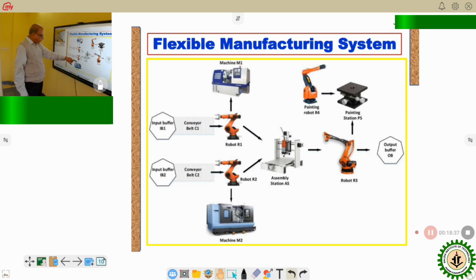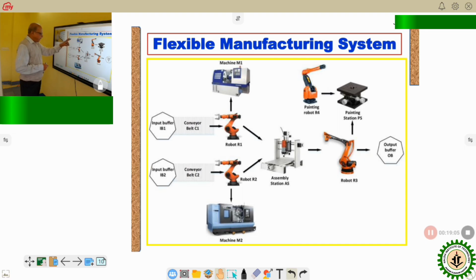Robots R1 and R2 pick up the job from conveyors C1 and C2 respectively, robot R3 transfers the material from the assembly station to the painting booth, and robot R4 is dedicated to carrying out painting work. After completion, the same robot R3 will transfer the job to the output buffer.